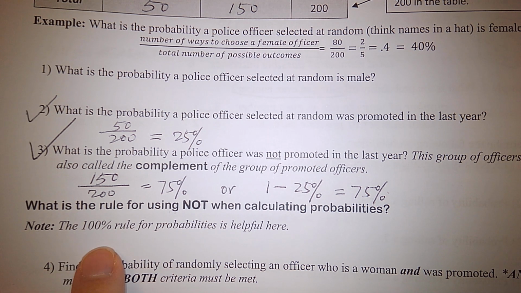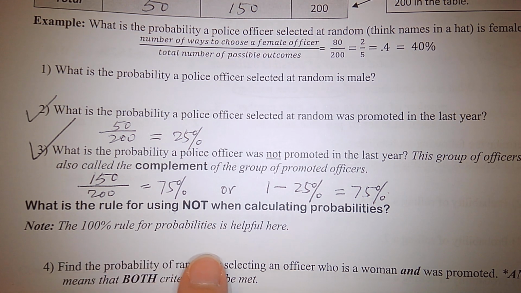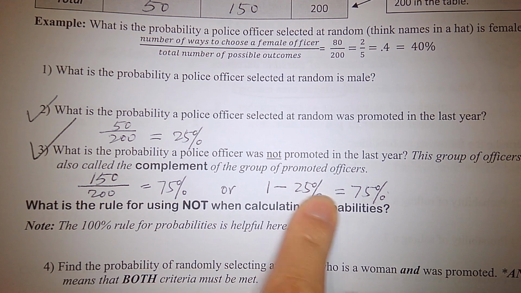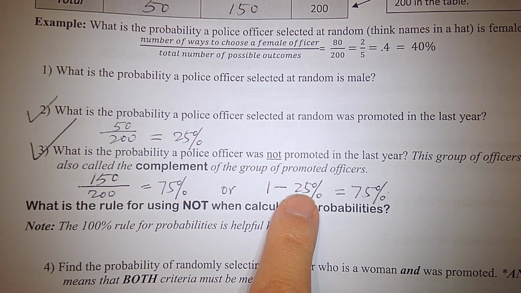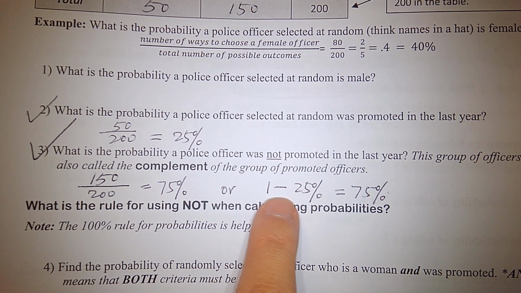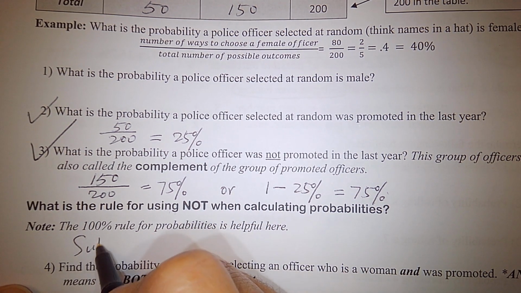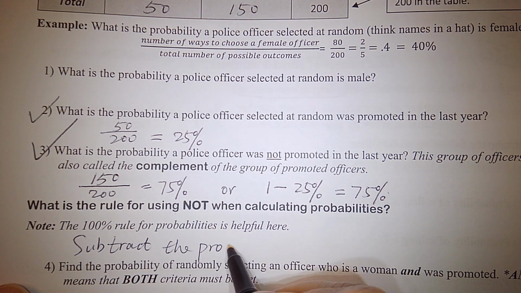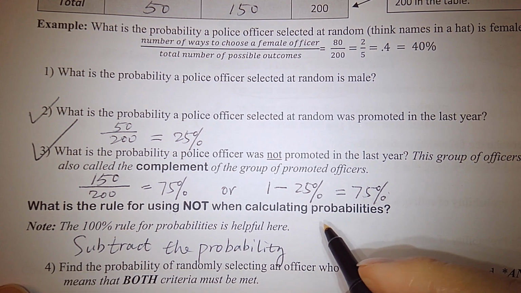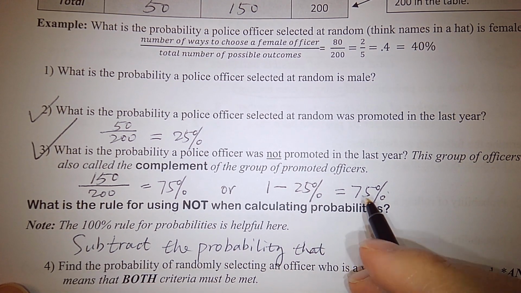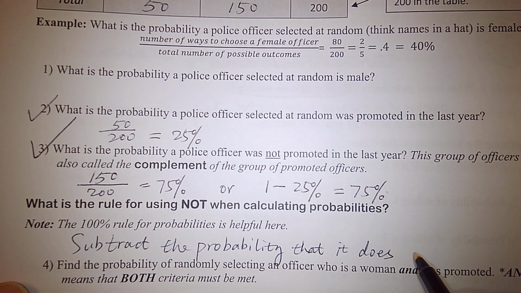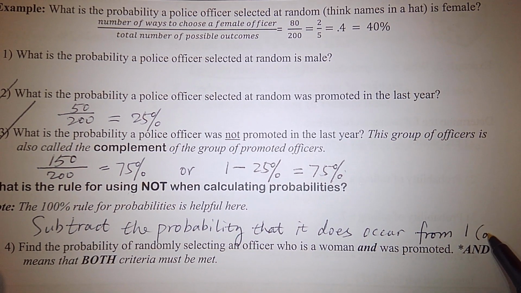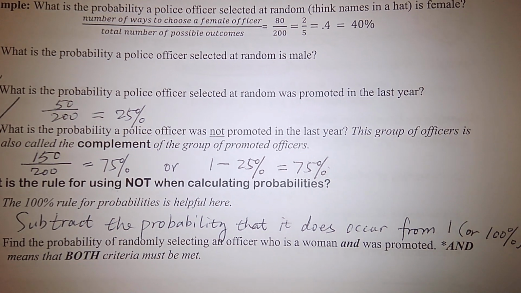Okay, we may say: subtract the probability that it does occur, that they were promoted, from 1. Yeah, from 100%. So I would say subtract the probability that it does occur from 1. What is 1? 100%, right?